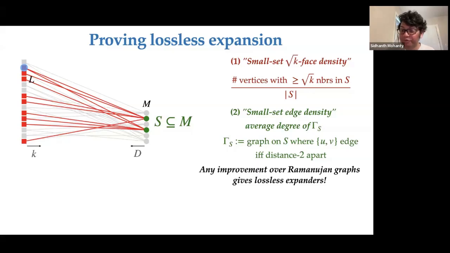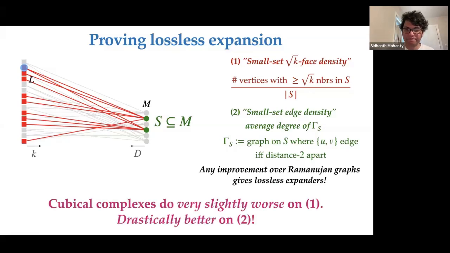And we said any improvement over Ramanujan graphs would give a lossless expander. The interesting thing is the cubical complexes actually do slightly worse than Ramanujan graphs on the first point, but they do way better, drastically better, on the second point, so that it more than makes up for having lost something in number one.